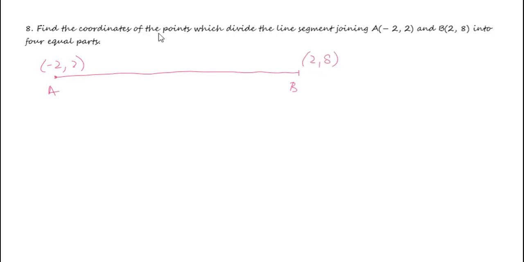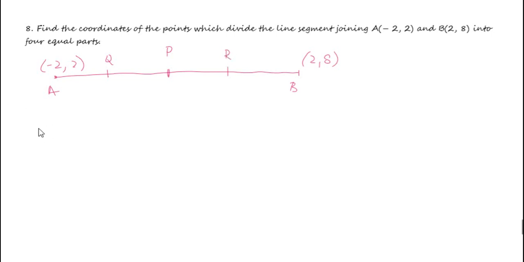So first we have to find out the midpoint. Then again you have to find out the midpoint of both the sections. First the midpoint of AB, this point P. Then we have to find out the midpoint of AP and PB. Let us take these as Q and R.